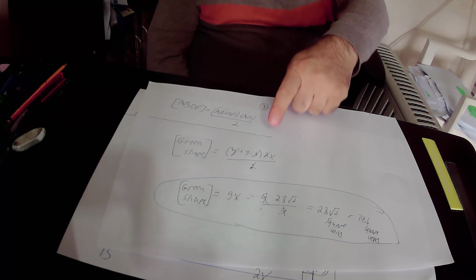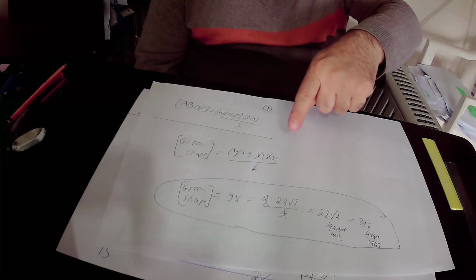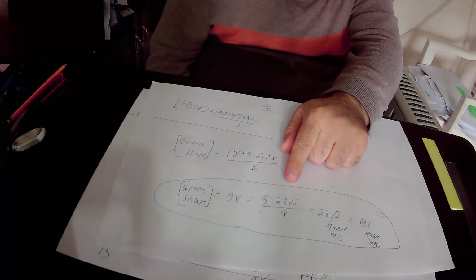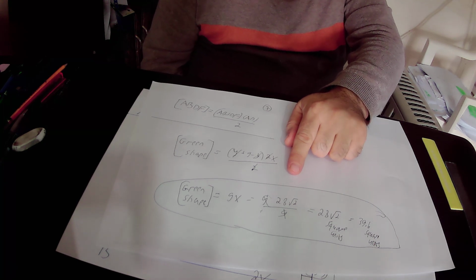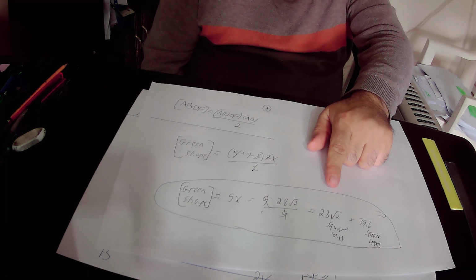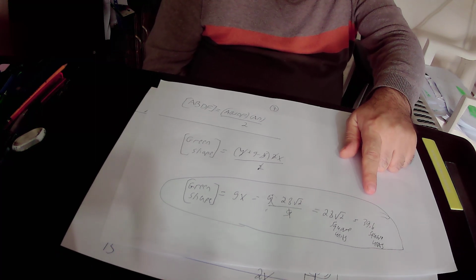So here y plus 9 minus y is 9, and 2 over 2 is 1. So in conclusion we found that the green area equals 9x, but we have already found that x equals 28 times square root of 2 over 9. So 9 over 9 is 1. In conclusion, the area of the green shape equals 28 times square root of 2 square units, or in terms of numbers, it equals 39.6 square units.